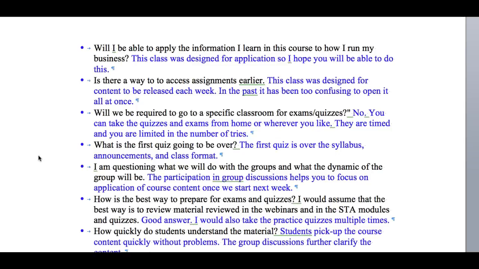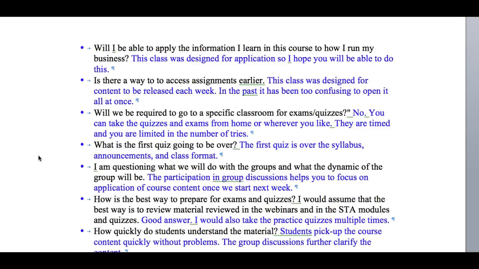Is there a way to access assignments earlier? This class was designed for content to be released each week. So in the past, it's been too confusing to open it all at once, or even to have two modules open at once. So right now, the plan is on Tuesdays, you'll get new content every 2 weeks.